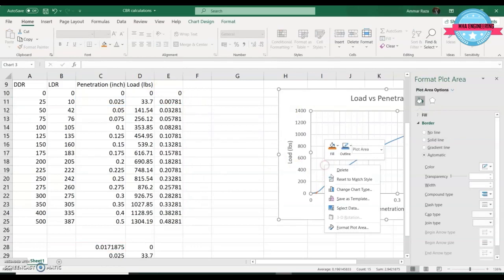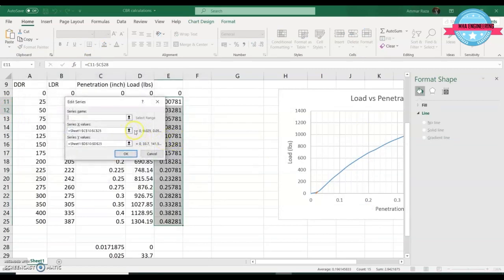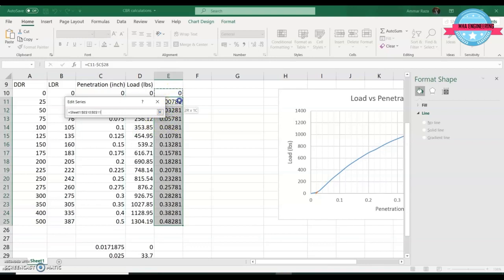Now once you've done this, select the data, edit your first series. Now your x will be this.